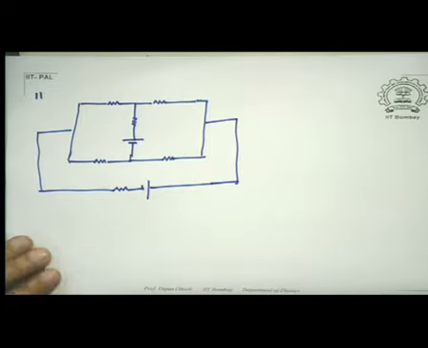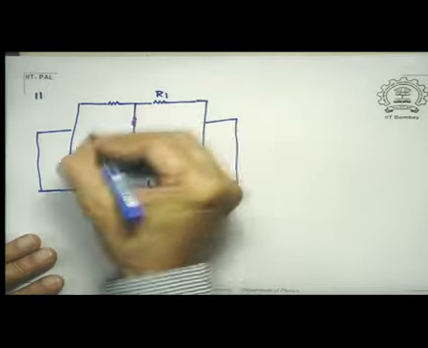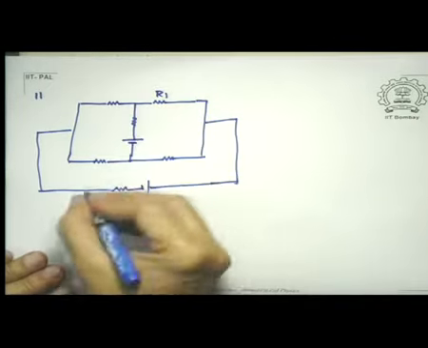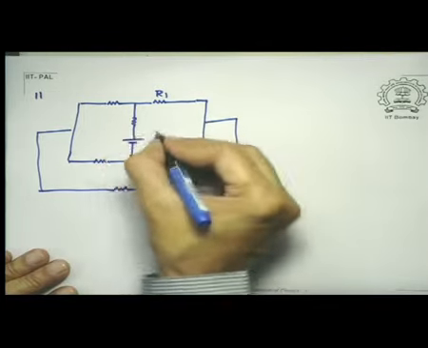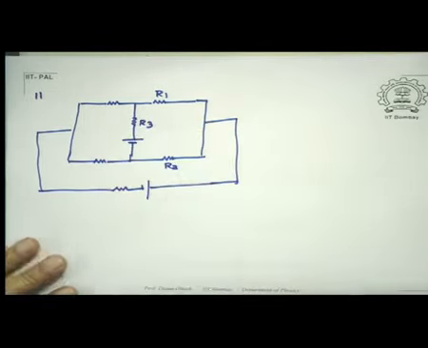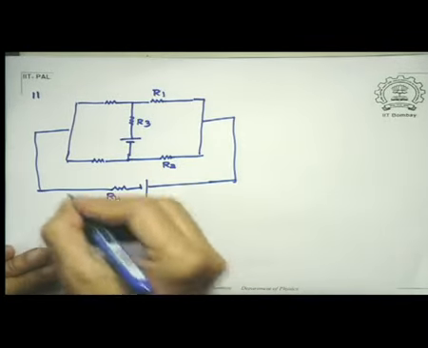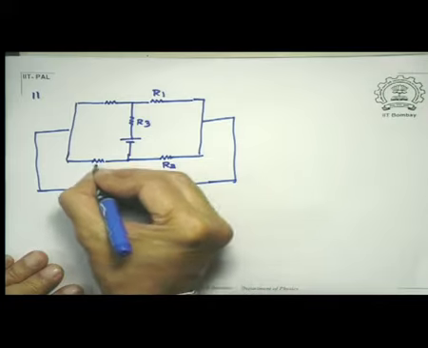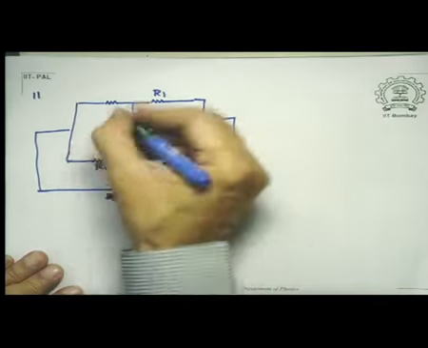Consider a circuit like this. Let me number them. This is R1, this is R2, let us call this R3, let us call this R4. Let us just call this load resistance R, this is R5.